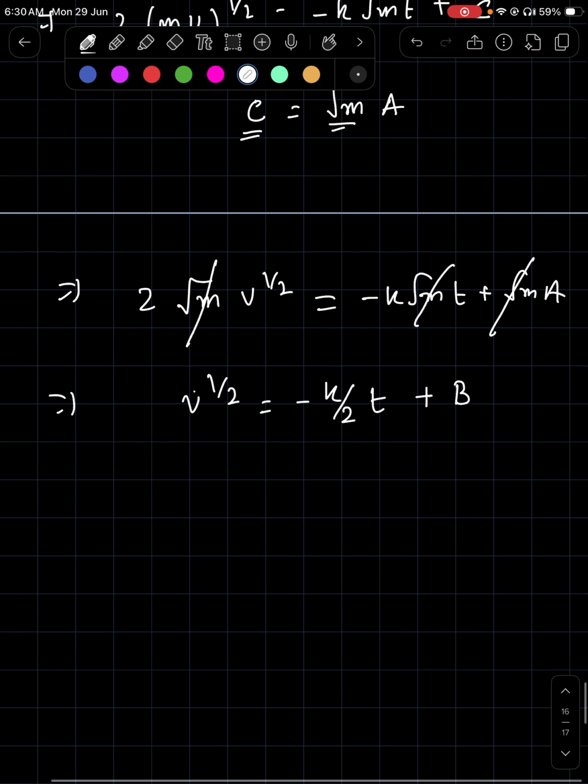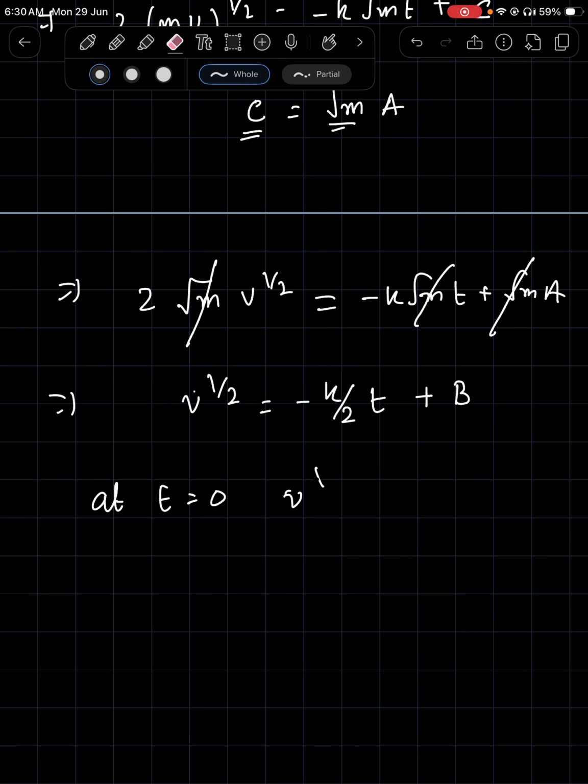Right, now at t equal to 0, v is u, the initial velocity, so that is u to the power half equals b.